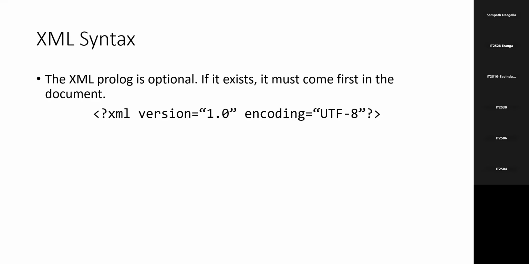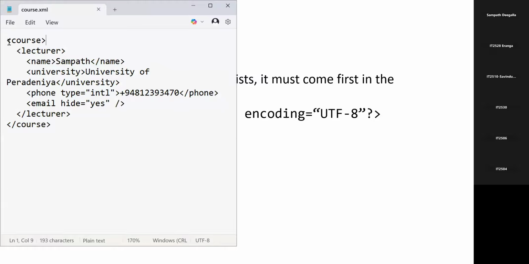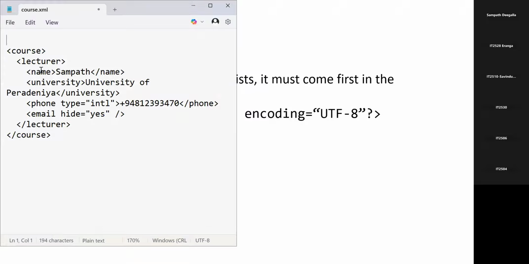So maybe we could update our document and save it. In our case, we have the course file. We use it as the very first line. We have to say XML version 1.0, sorry, 1.0, and like this, it's very important.